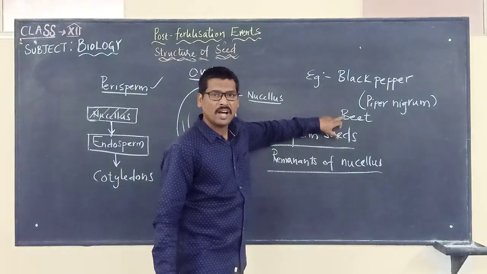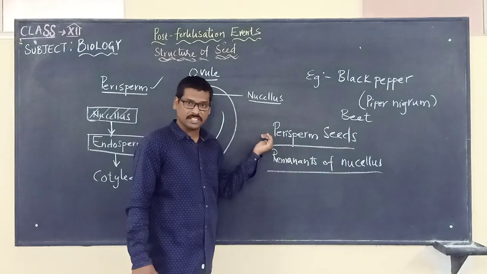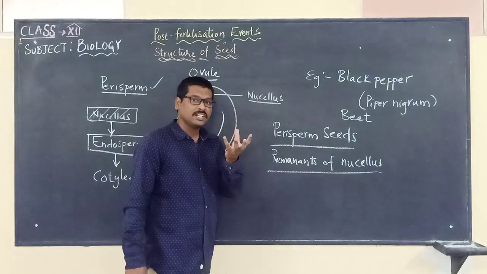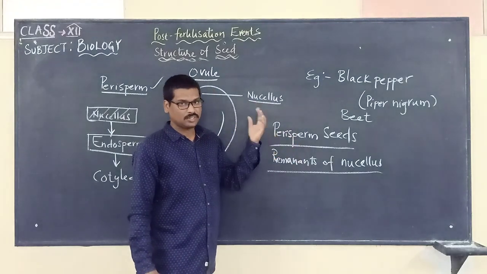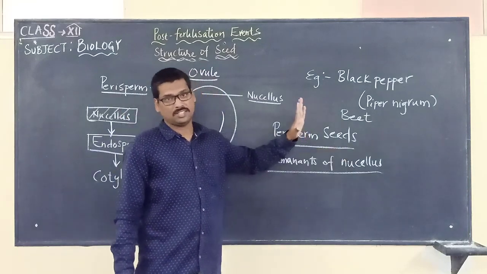So these two are the best examples that you have to keep in mind when we talk about perisperm seeds. So what are perisperm seeds? It means there will be some amount of nucellus present in the seeds. So when they show that condition, we call them perisperm seeds.